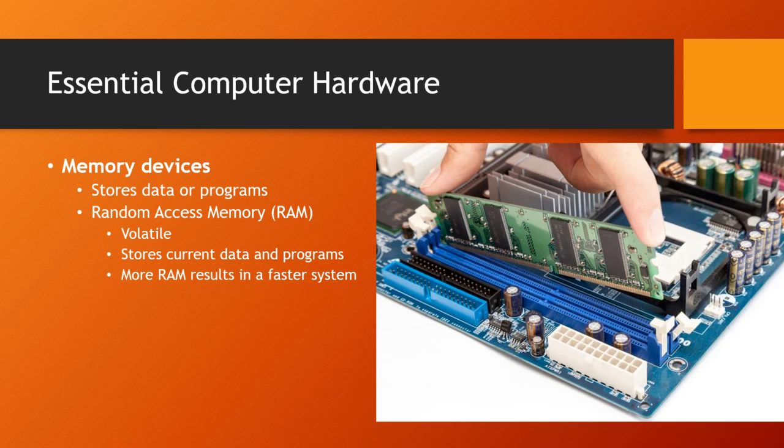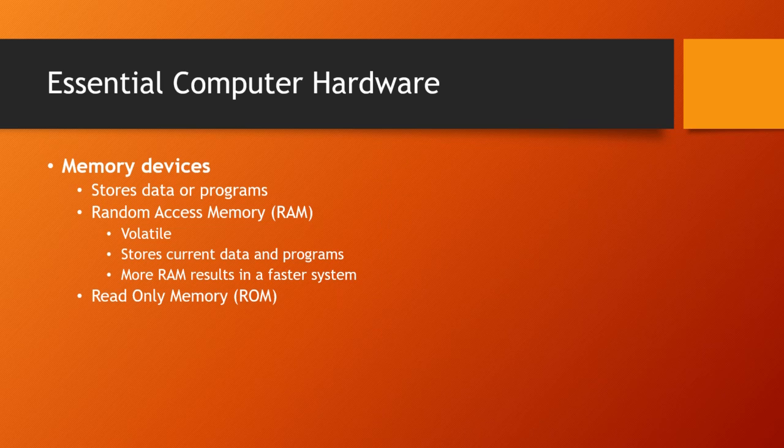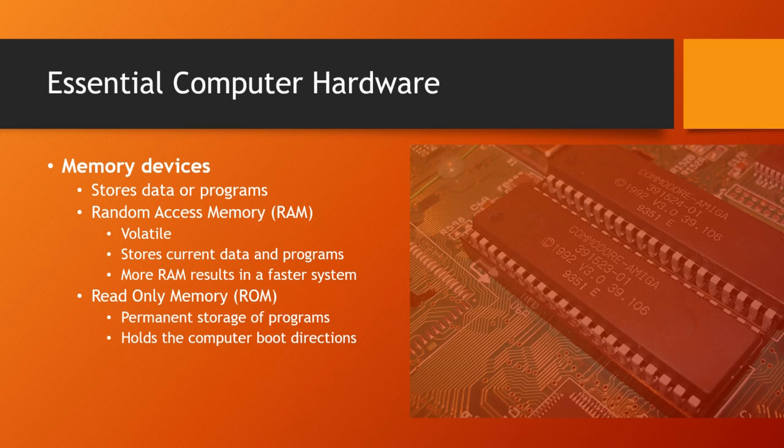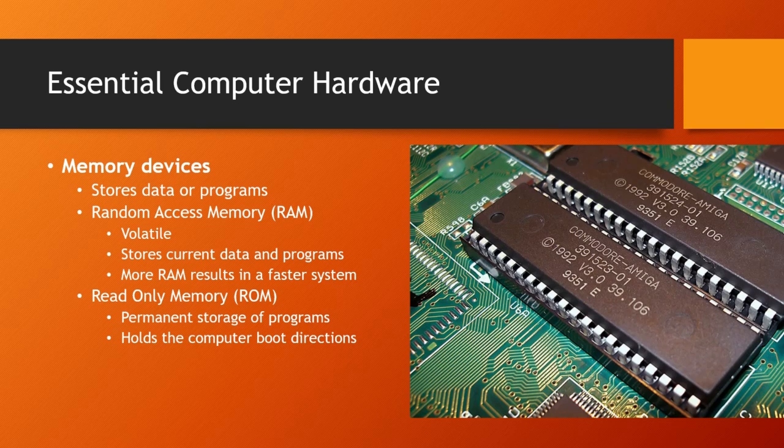This stores current data and programs, and more RAM results in a faster computer system. The read-only memory or ROM is the type of memory that is a permanent storage of programs. This holds the computer's boot directions.